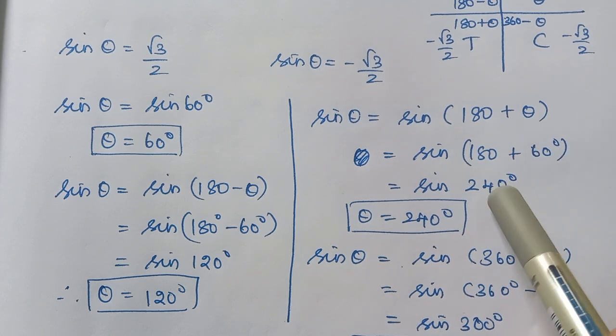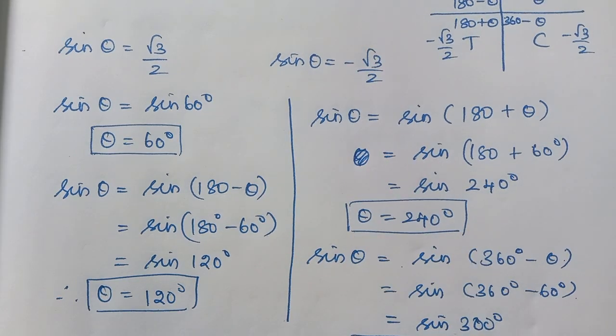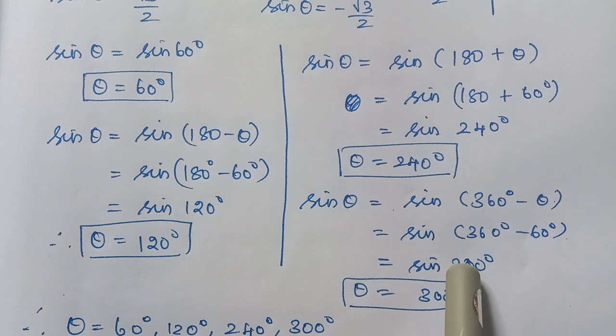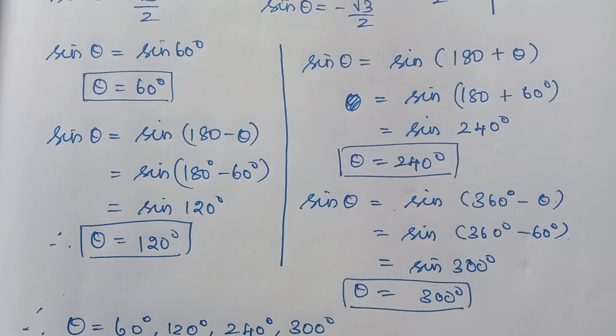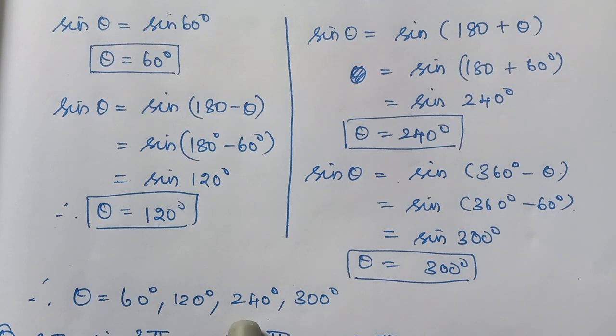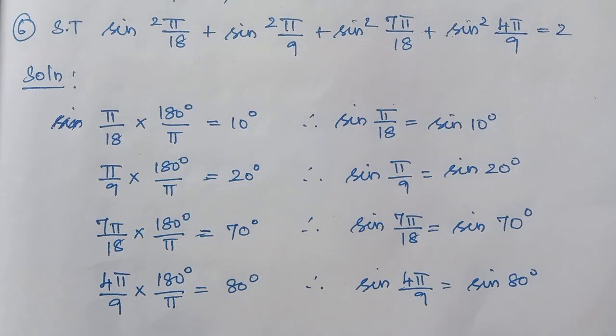So 180 plus 60 is 240. So in 240 you will get minus root 3 by 2. The same way here 360 minus theta. So 360 minus 60, which is 300. So here in 300 also you have got the same value. So it means theta is equal to 60 degree, 120, 240, and 300, where sine square is equal to 3 by 4.